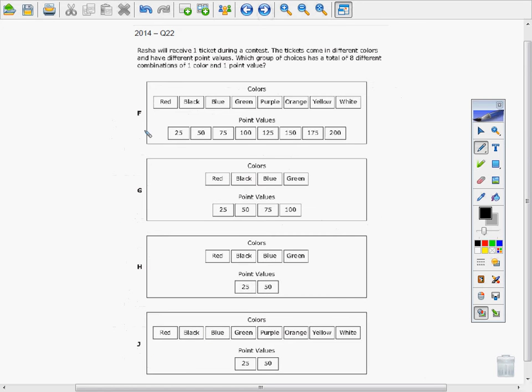Next one. Russia will receive 1 ticket during a contest. The tickets came in different colors and have different point values.